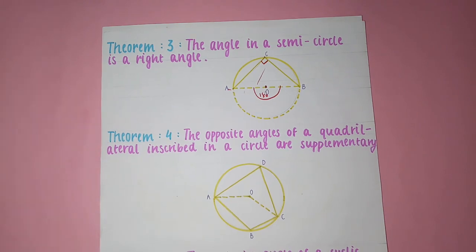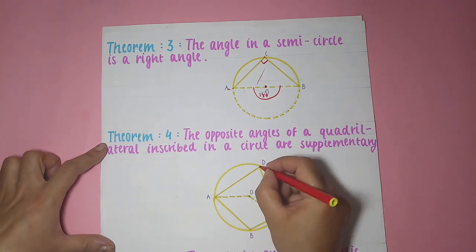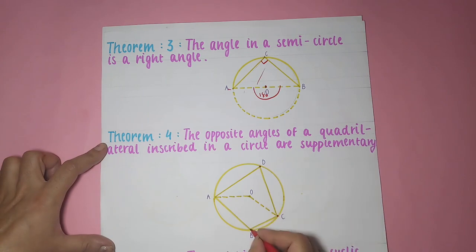Theorem 4. Now this theorem is based upon the cyclic quadrilateral, right? What is a cyclic quadrilateral? A quadrilateral whose endpoints lie on the circumference of a circle is known as a cyclic quadrilateral. All the quadrilaterals whose endpoints lie on the circumference of a circle, we call those quadrilaterals cyclic quadrilaterals.